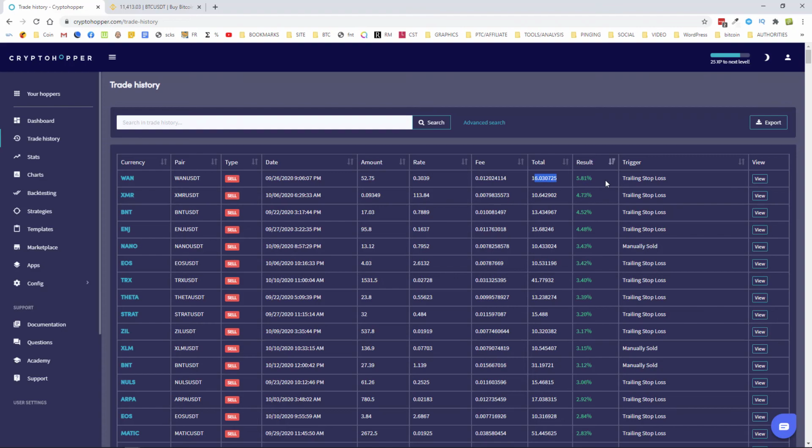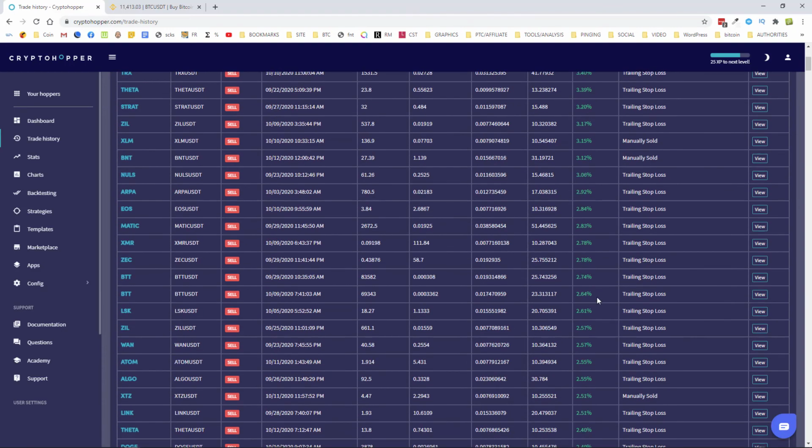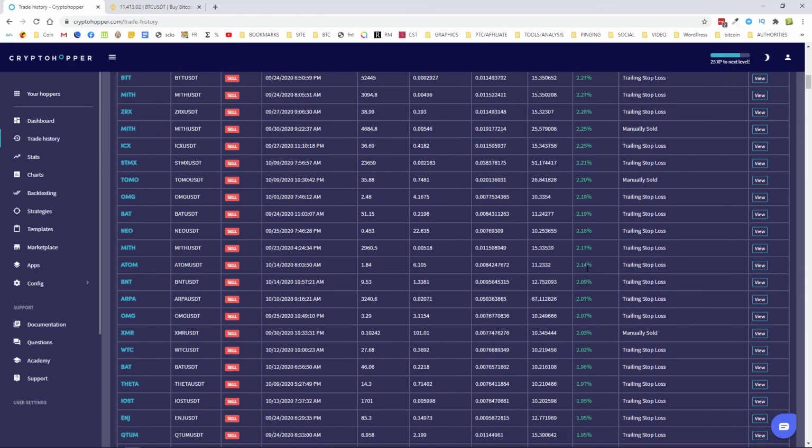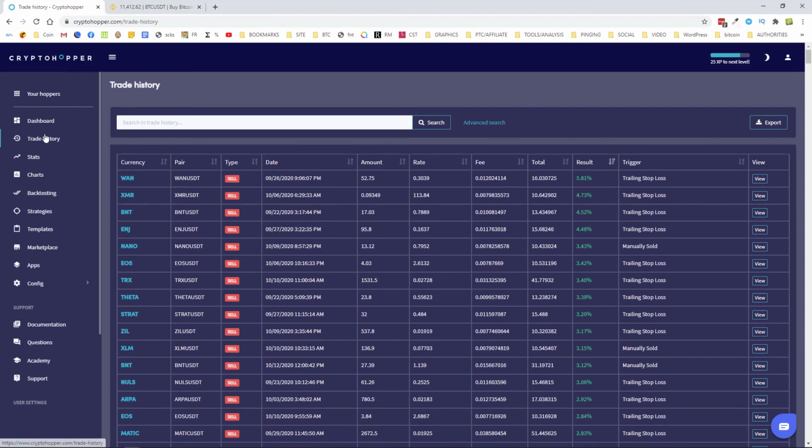But as you can see, lots of successful trades happening all the time, and many of these, when you buy in, let's say you buy $10 worth of Bitcoin itself, it can dip down to where it's only worth $9.50, and it's in the red.